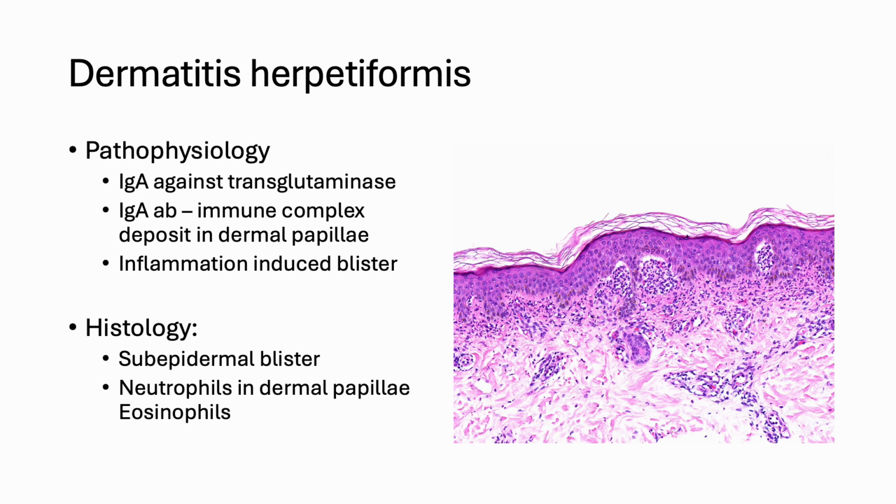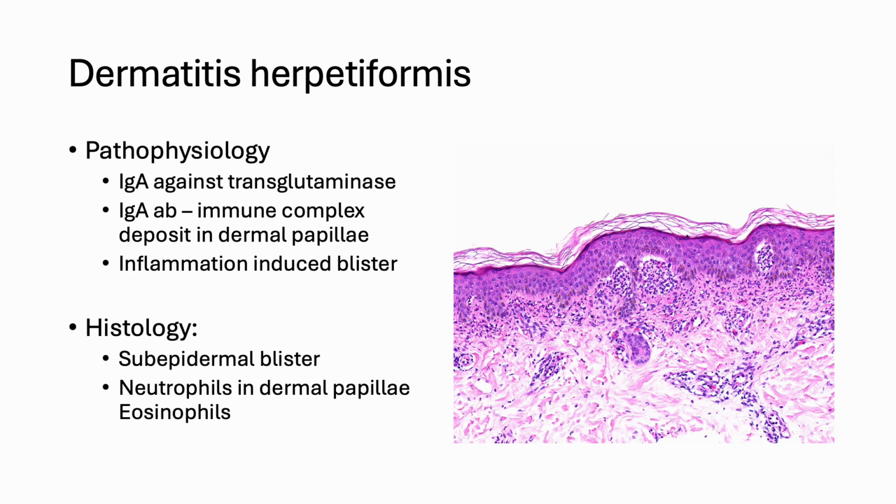That is the most common location of the deposition. Because of the immune complex, it will attract inflammatory cells to come here, and those cells burst and release MMPs and destroy the basement membrane, causing a separation, forming a large blister. So that is the pathophysiology.